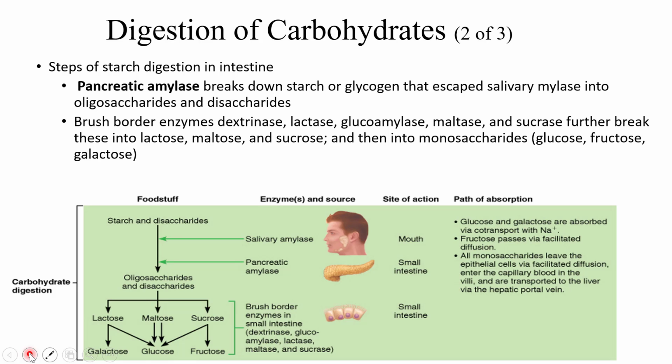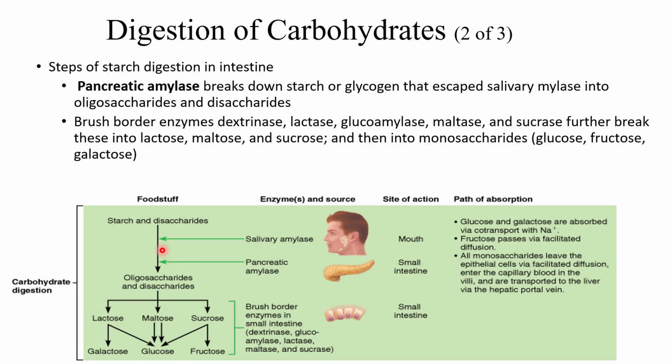In the intestine, pancreatic amylase breaks down starch or glycogen that escaped the salivary amylase. If you have enough salivary amylase, it can break down a lot of the bigger starch or carbohydrates.